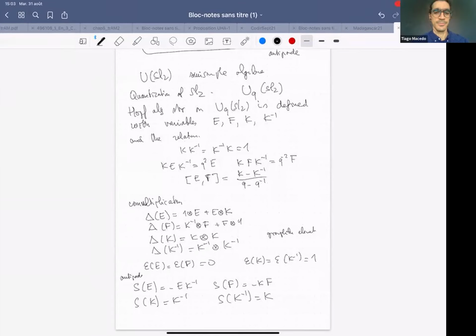Are there any other questions or comments? For the Lie algebra SL2, you said that it doesn't admit deformation.